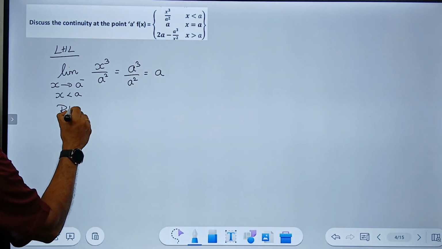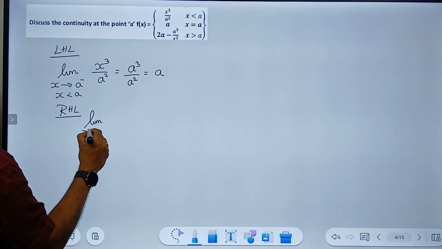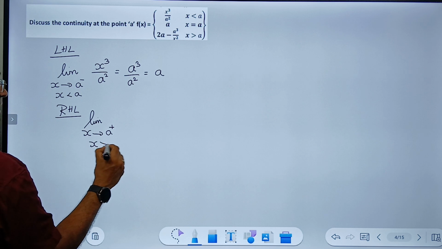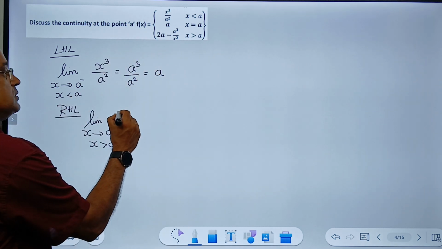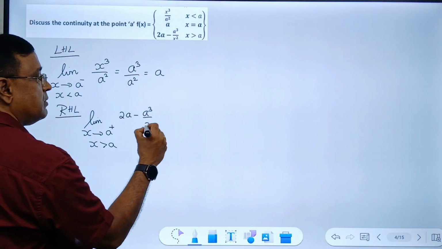Now what is the right hand limit? Our right hand limit is limit x approaches a plus. A plus means x is greater than a. If x is greater than a, I will be using this function, 2a minus a cube by x square.